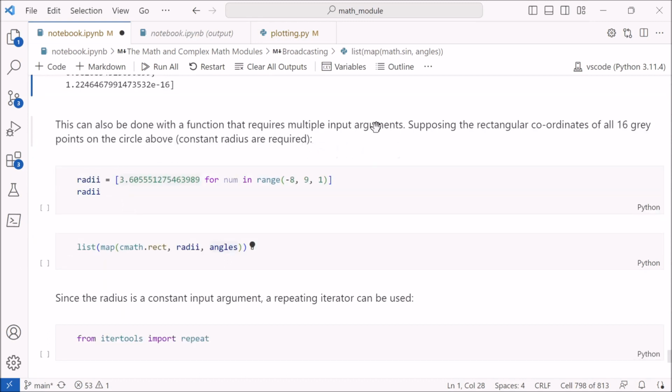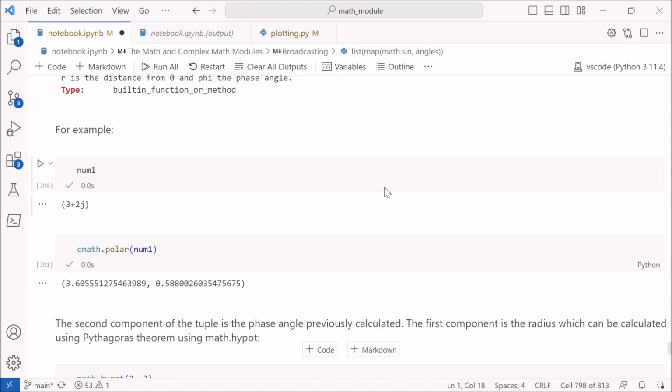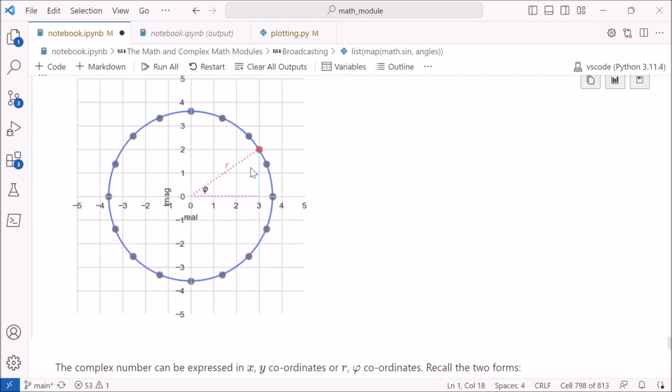This can also be done with a function that requires multiple input arguments. Here, we just had a look at a single point. If we want the xy positions of all of these angles, we know what the size of the radius is, it's fixed, and we know where all of these angles are.